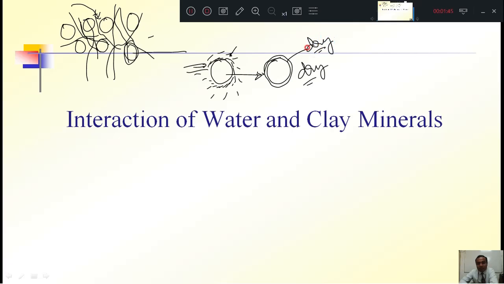The same thing will not happen with respect to mud. Say, take some red soil or black cotton soil, put it into water, and after that you squeeze the water.